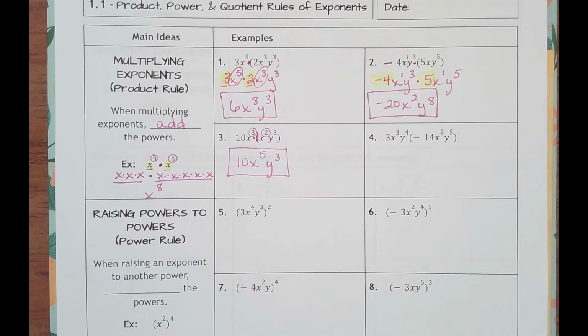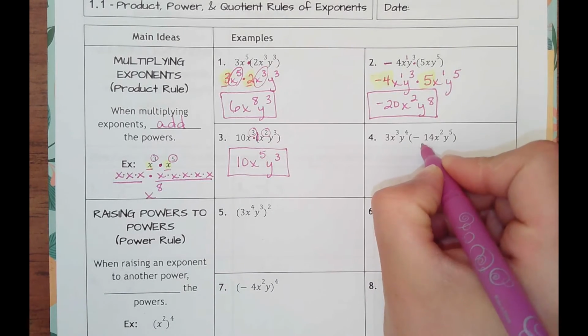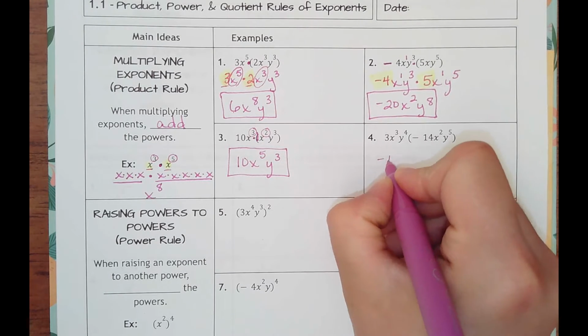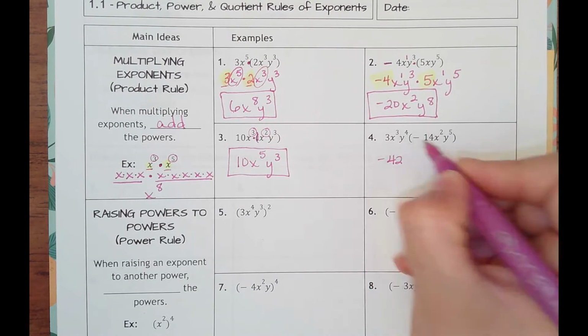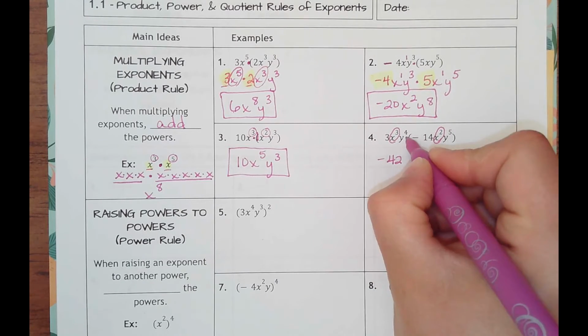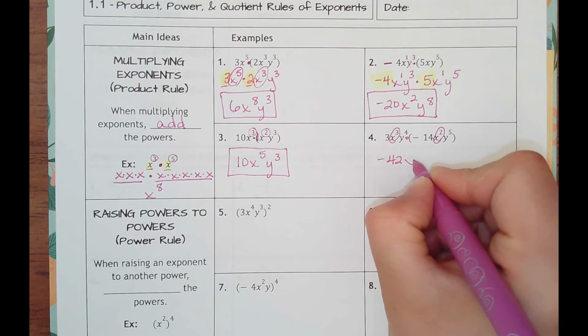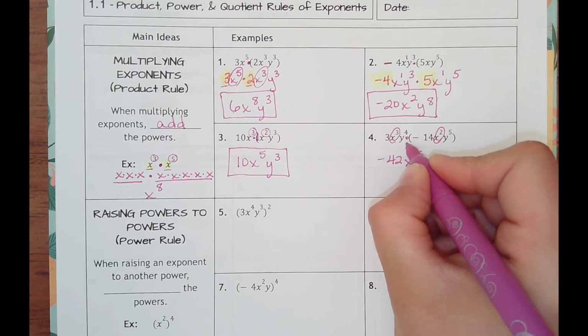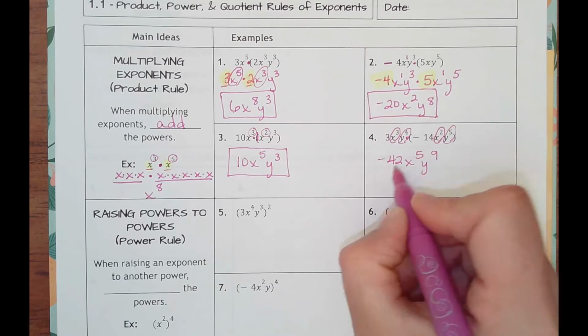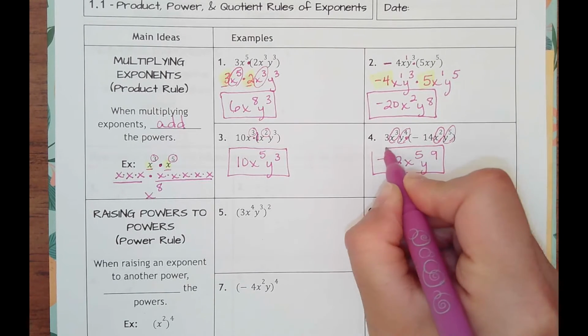Number 4 would be 3 times negative 14, which is negative 42. And then I have x cubed times x squared, so 3 plus 2 be x to the fifth again, and then 4 plus 5 would be y to the 9th is what you should have gotten.